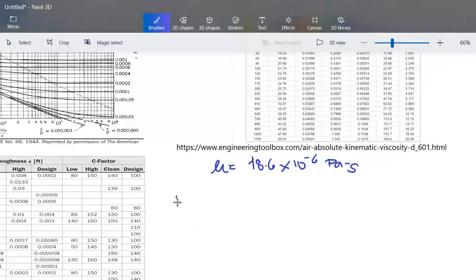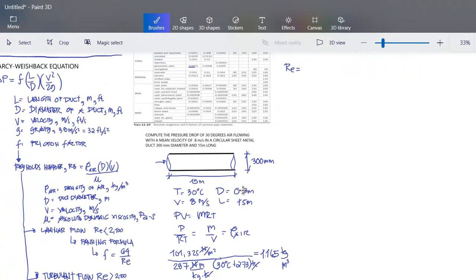since all the data were given already. So we have now the equation for Reynolds number.